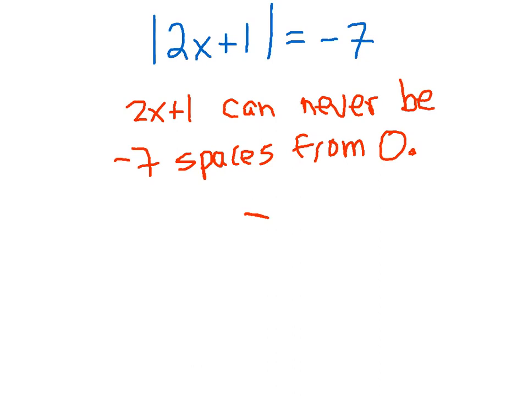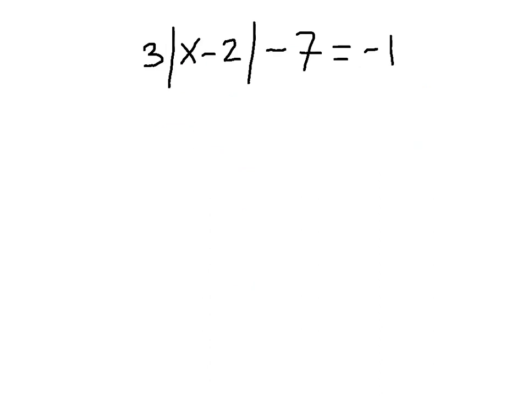So this answer right here would be no solution. Whatever we plug in for x, whatever we plug inside here, once we take the absolute value of it, it's going to become positive because we're finding the distance. So this will never be a negative number. Let's do one more example.